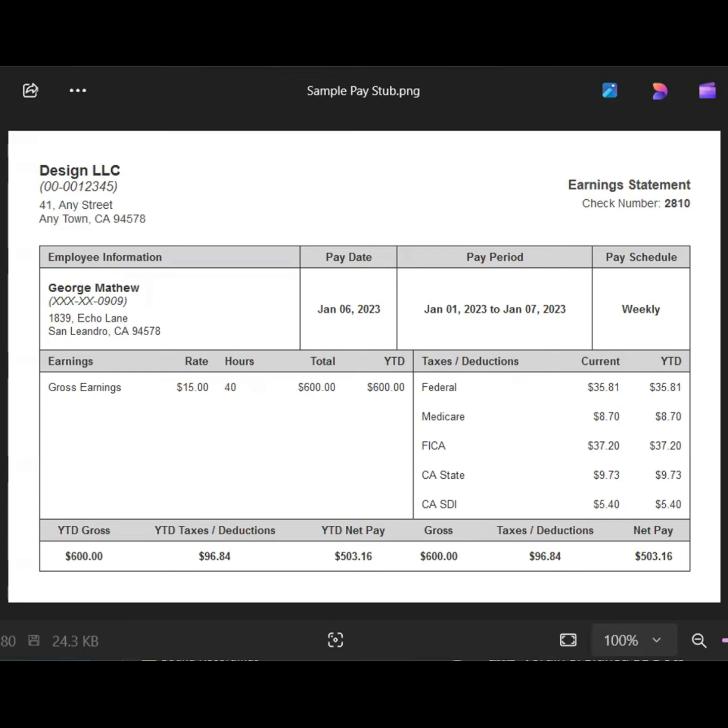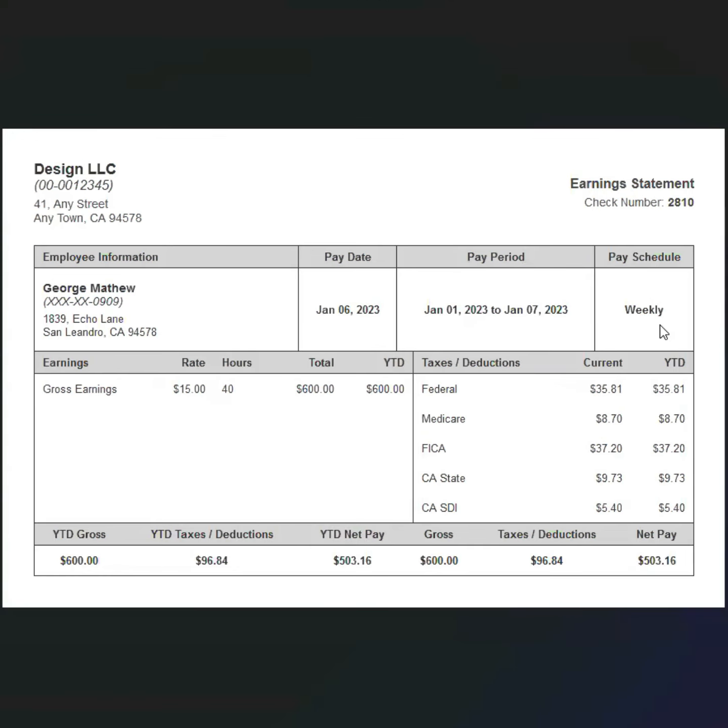Okay, so here I have a sample pay stub that you can see. And this doesn't belong to anybody. It's just a general pay stub that you could get at any company you work for. Sometimes they'll look a little different, of course, because it depends on the company you work for, but it will always have the company's name and the address, typically a phone number or email as well, on the pay stub.